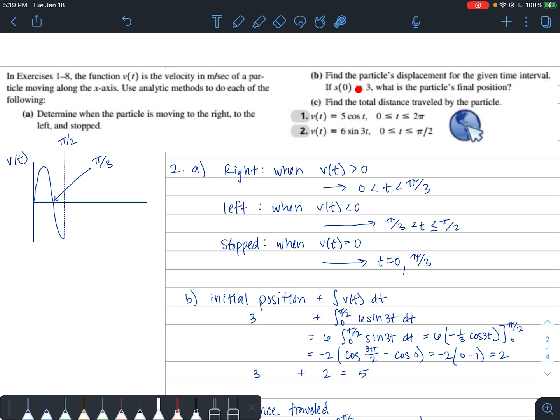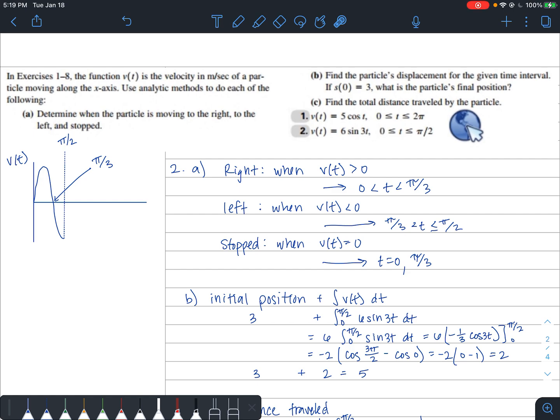Okay. So B, find the particle's displacement for the given time interval. If s of 0 is equal to 3, what is the particle's final position? So the particle's displacement, how much did it move? We have to account for negative area. Displacement means you have to use negative area. And also right here, initial position.